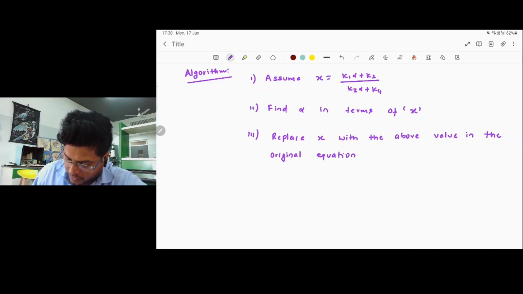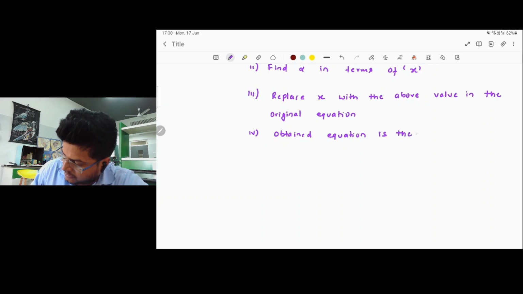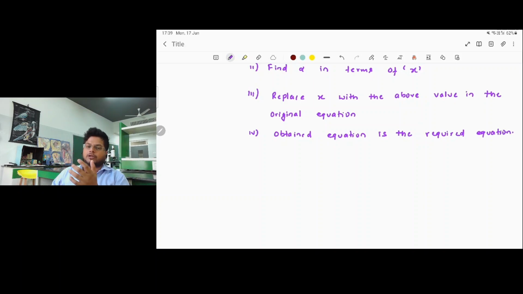Fourth, the obtained equation is the required equation.